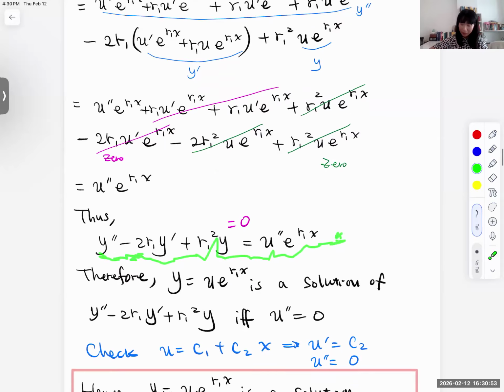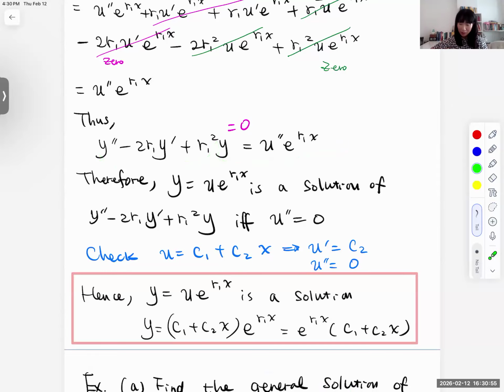We say that, almost done, hanging there. So we say that y equal to u e to the r sub 1 x is a solution of that if and only if u second prime equal to 0. All right, so we check that u equal to c sub 1 plus c sub 2x.